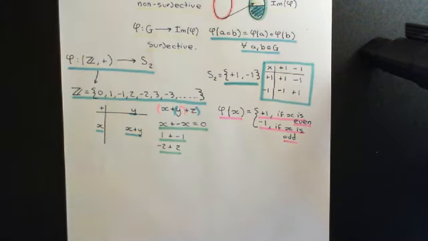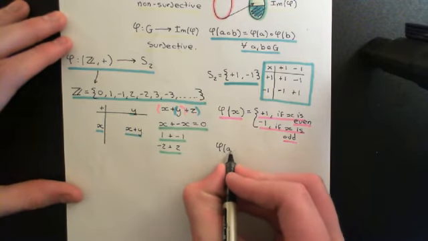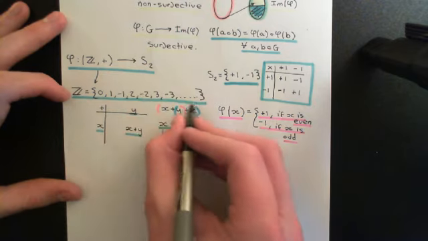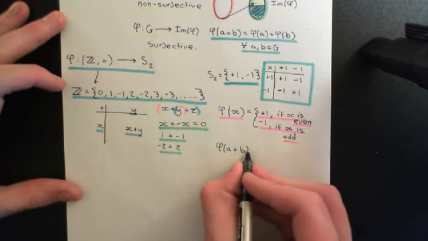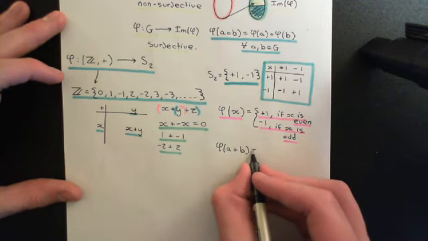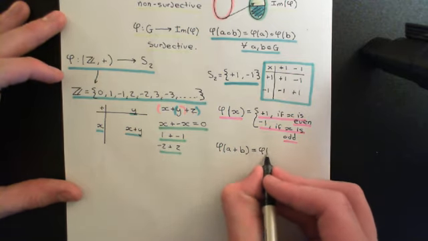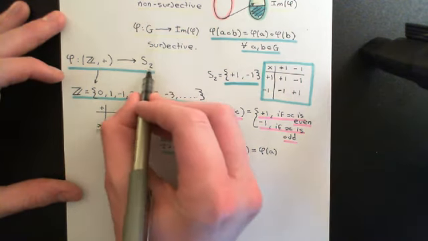What we now need to check is that it does actually obey that condition of homomorphisms, that phi of A composed with B in the domain group, and what is composition called in the domain group? Well, it's called addition, so I might as well fill it in with addition here. So we want to prove that phi of A plus B is equal to phi of A composed with phi of B in the codomain group.